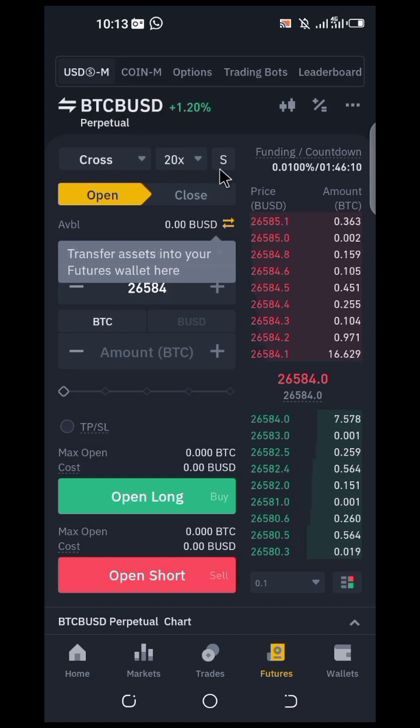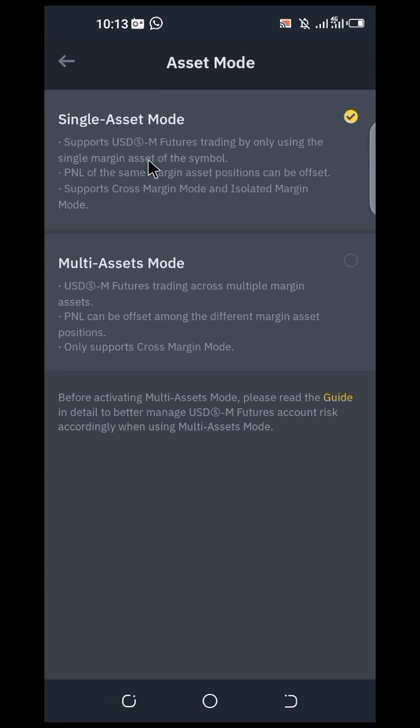So the single asset mode allows you to trade using one of the stable coins in your wallet. Okay, so that's what it allows you to do. For example, if you have BUSD in your account, you can trade only pairs with BUSD, and if you have USDT in your account, you can only trade pairs with USDT, and this one supports both isolated and cross margin. I'll be explaining what isolated and cross margin mean in the next step.